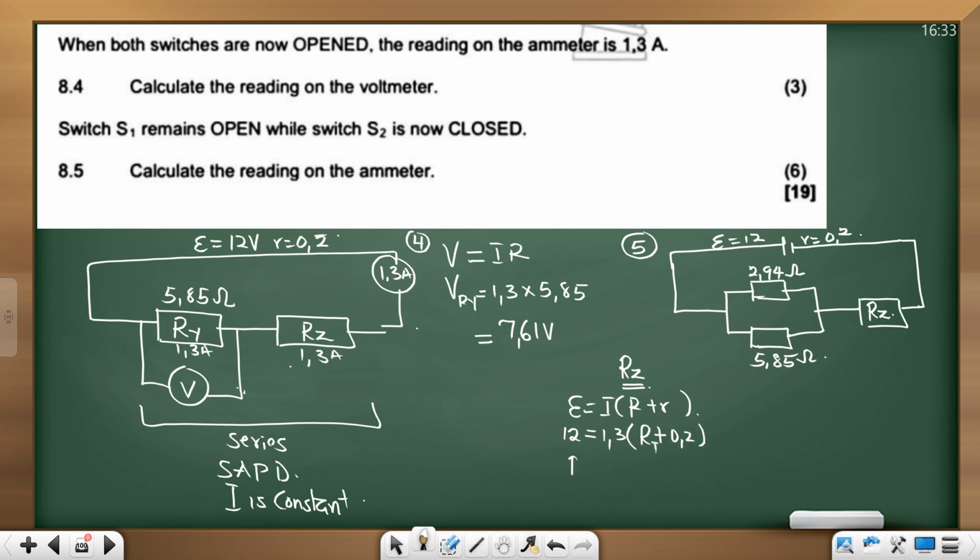Please get me R total, everybody. Do the maths. That R total will be Rx plus Ry. Get me a value. I don't want to do the calculations because I need you to put your input in it, especially on calculations.